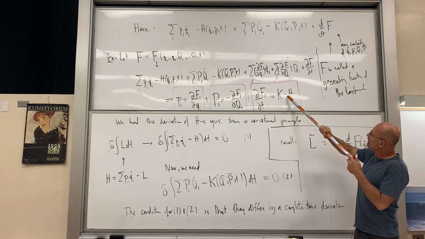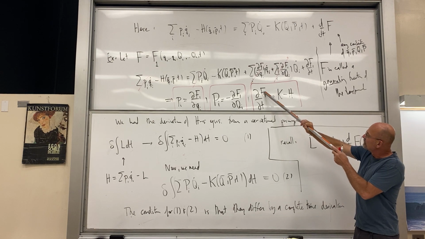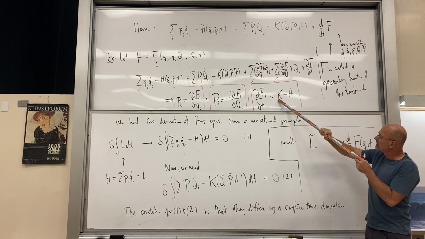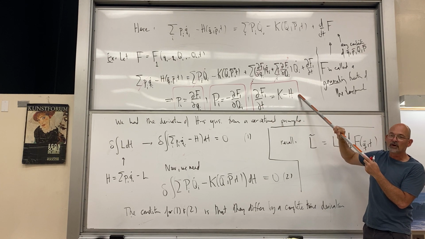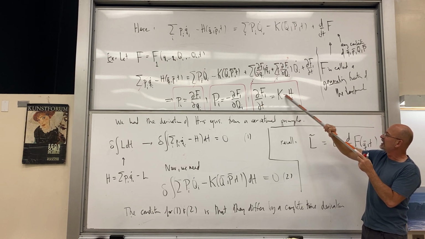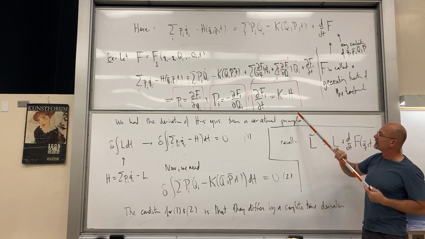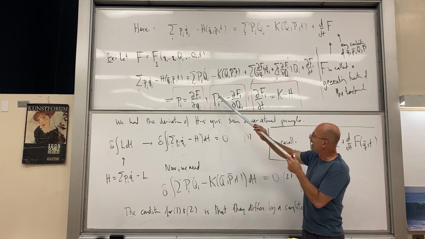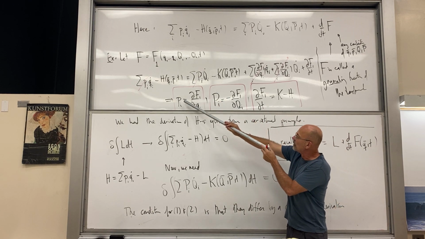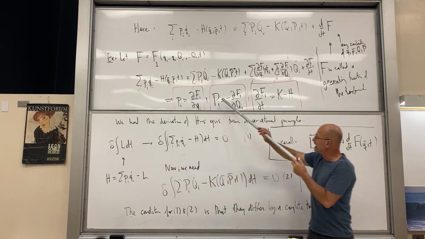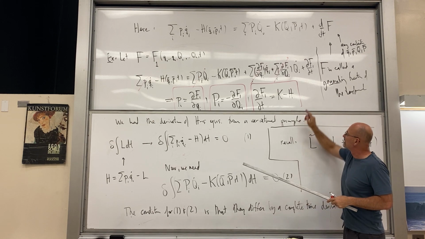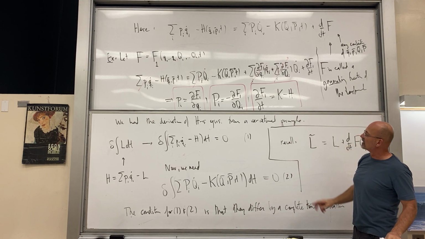We can see that if the generating function is not explicitly a function of time, the new Hamiltonian and the old Hamiltonian are the same, because we got a 0, K equals H. And this is a relation that shows how the new and old momenta are related to these derivatives of the generating function. This is going to play an important role. Actually, all do.